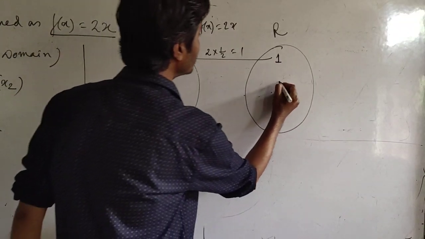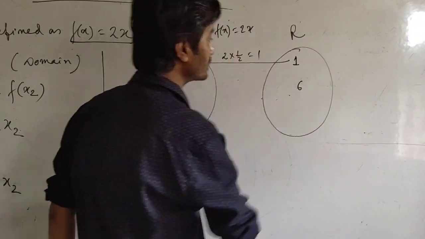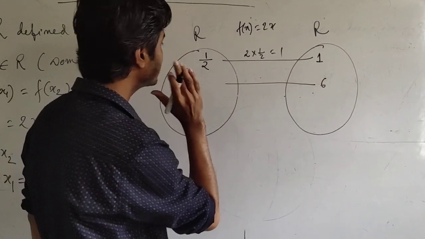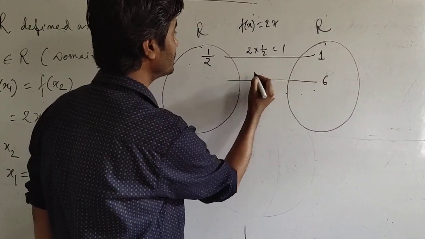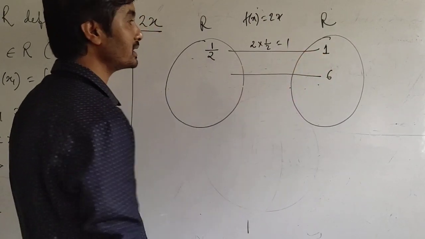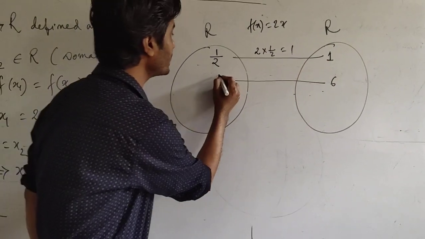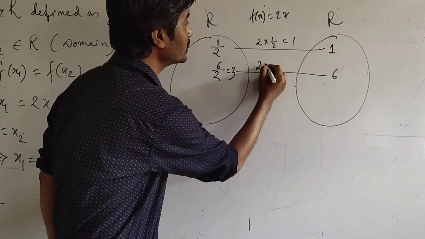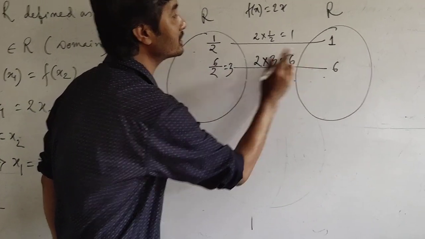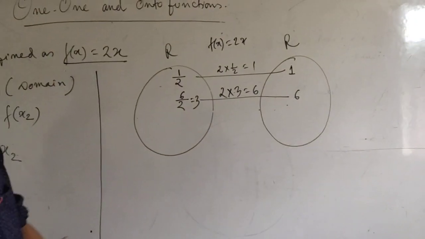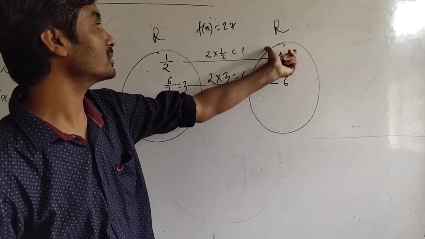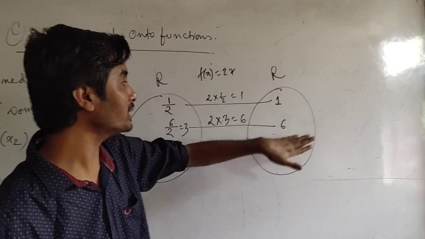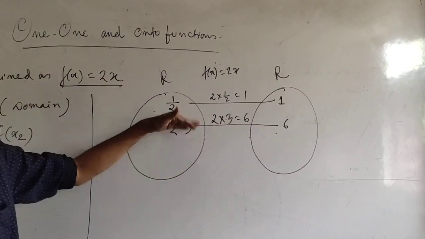Suppose I want to get, say, 6. I have seen that to get 6 as our image, I must take 6 by 2, which is 3. Then only 2 multiplied by 3 will give us this image 6. Which means anything you take from this codomain, you divide that number by 2, and you will get its pre-image in the domain.